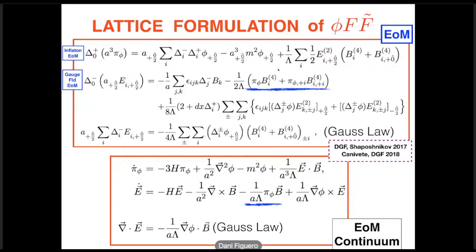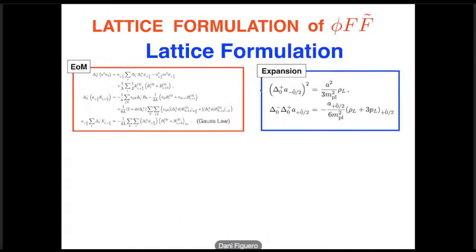This other term with a semi-sum of this kind represents the interaction that gives rise to the chiral tachyonic instability. And finally, this more complicated term reproduces the gradient of phi curl times E. Good. So we have this system of equations of motion on the lattice.